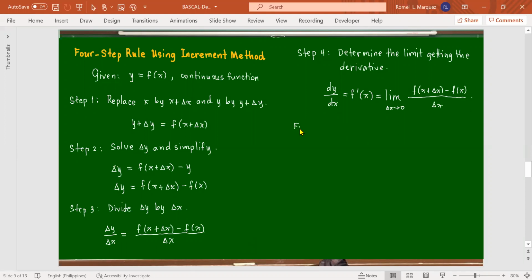Let's do that. So find y prime. Number 1, y is equal to 1 over x. Step 1, replace y by y plus delta y and x by x plus delta x.